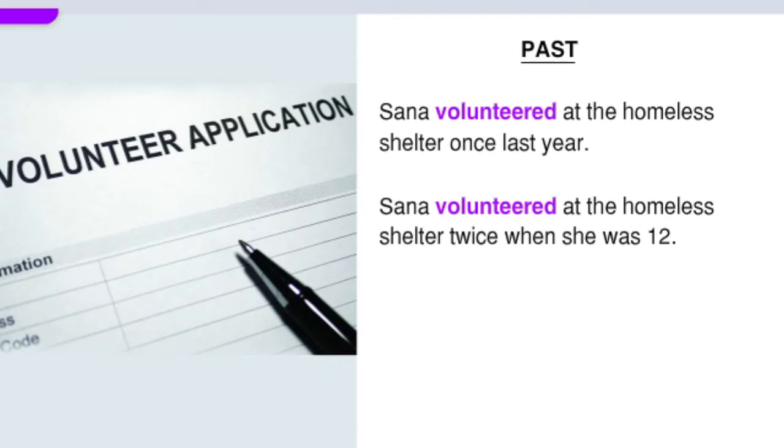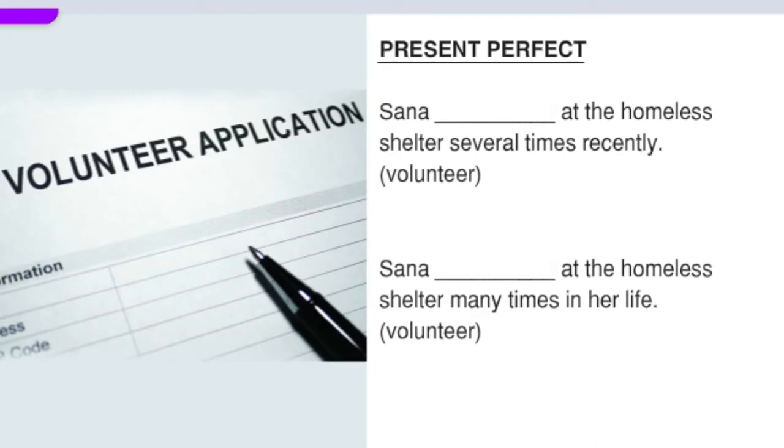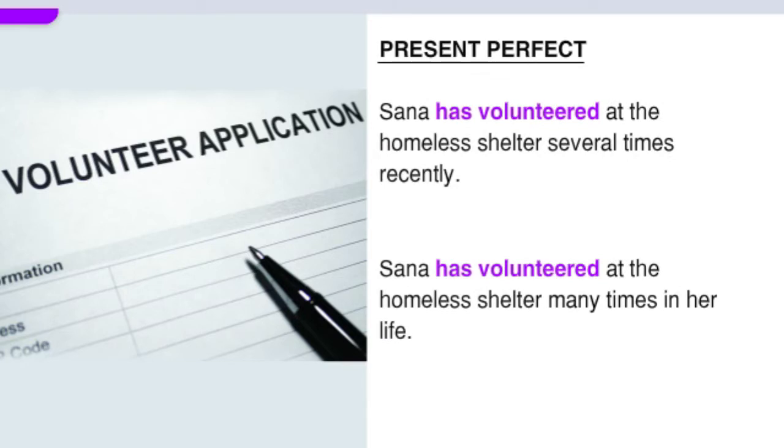Sana volunteered at the homeless shelter once last year. Sana volunteered at the homeless shelter twice when she was 12. Sana has volunteered at the homeless shelter several times recently. Sana has volunteered at the homeless shelter many times in her life.